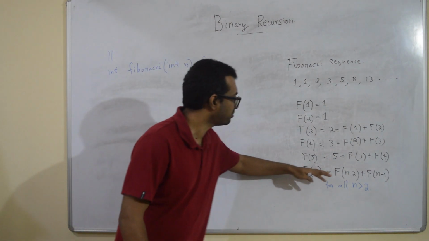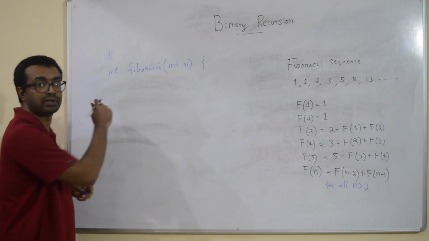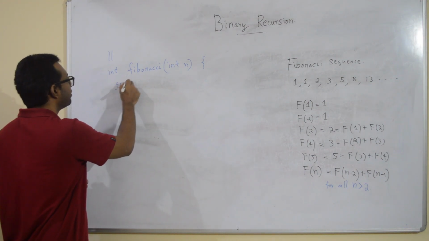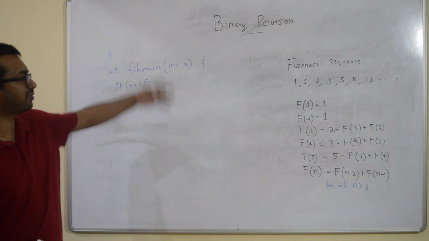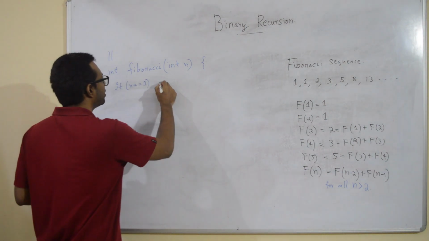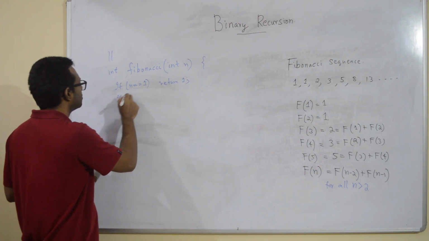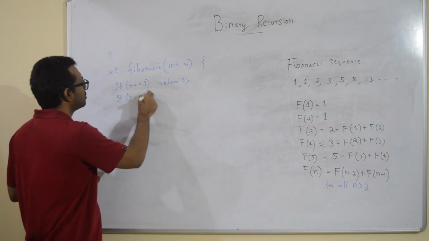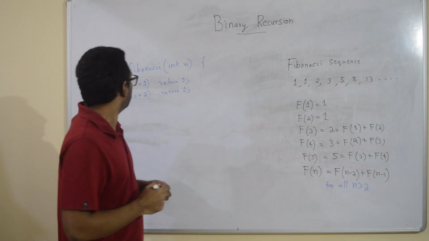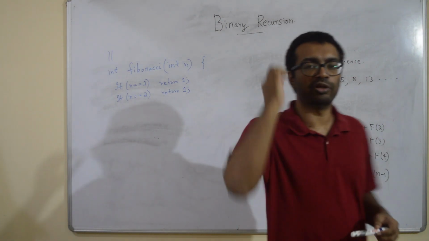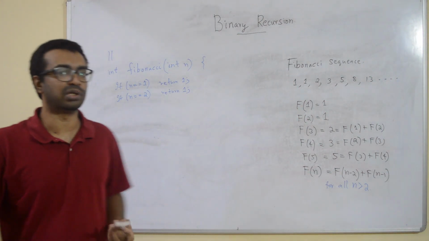Okay, so now we know what the base case is. The base case is the case which does not depend on the previous case, that is 1 and 2. So I will write here: if n is the first or second Fibonacci number, you return 1, because the first and second Fibonacci numbers are 1.